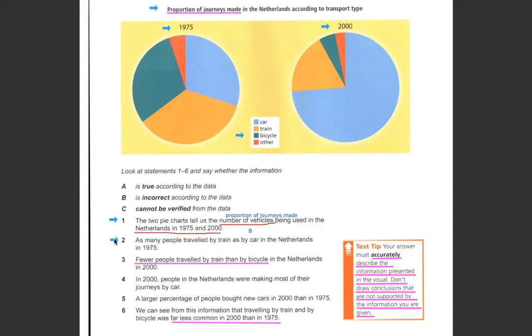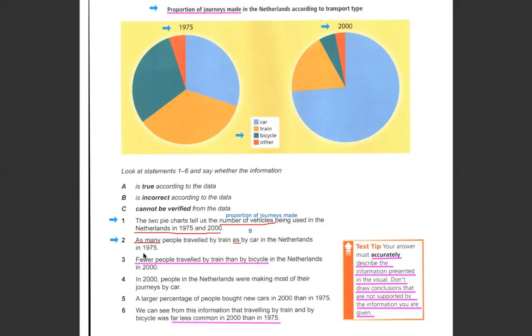Please read it and type A, B, or C in the chat box. So now we're looking at a comparison. So they're talking about trains and cars. So you should be looking at the blue and the red.